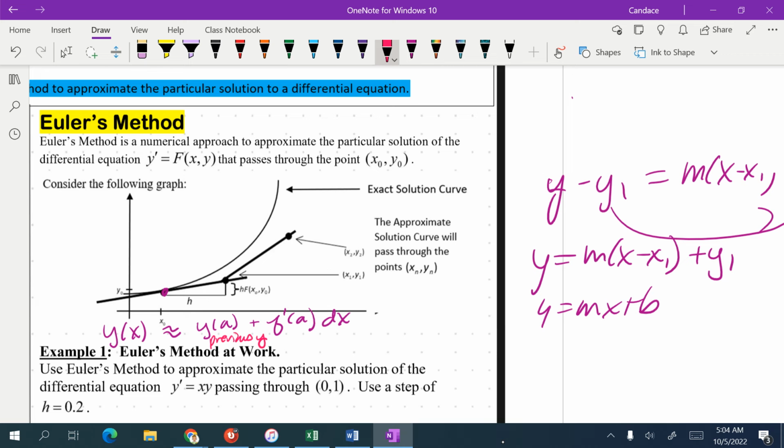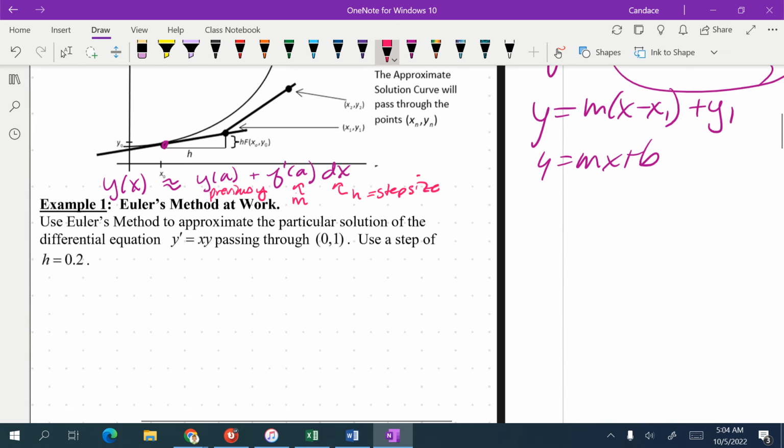F prime of a is a derivative, so that's the slope. And this is what we call h, or the step size. There's going to be a step in between each one of the approximations. Really, look at it, y equals mx plus b, so it's really the equation of a line.